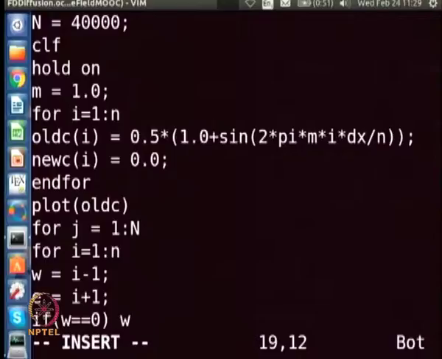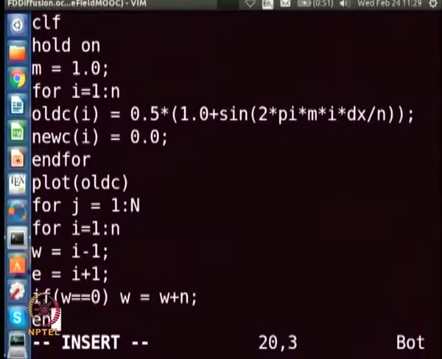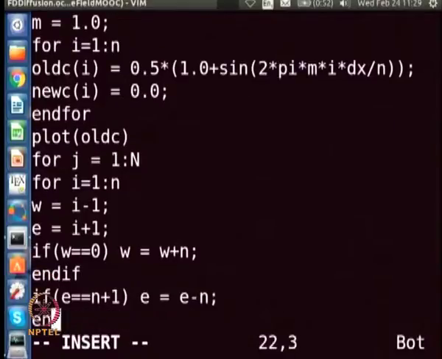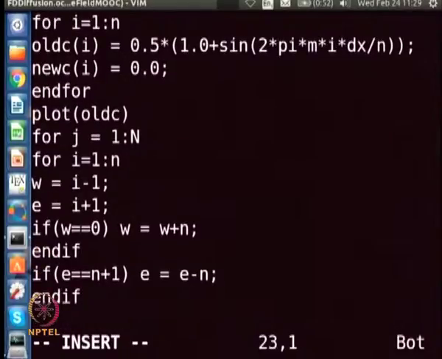So, for that the west point is the last point, and if east point is equal to n plus 1, that means you are at the last point, then the east point is equal to east minus n. That is because the first point is the east point for the last point.